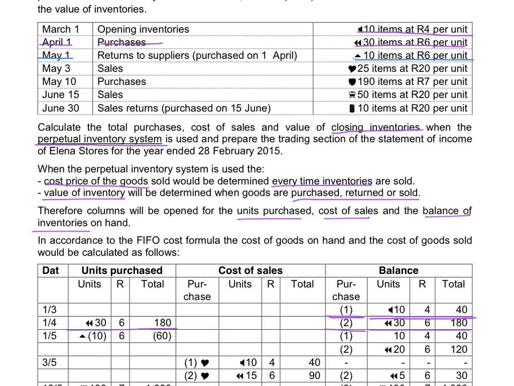Under the purchases column, I will show that 10 units were returned. The original price was R6, so my cost for purchases will decrease with 60 Rand. And in my balance column, I will show that the 10 that I had there is still available because we haven't sold anything.